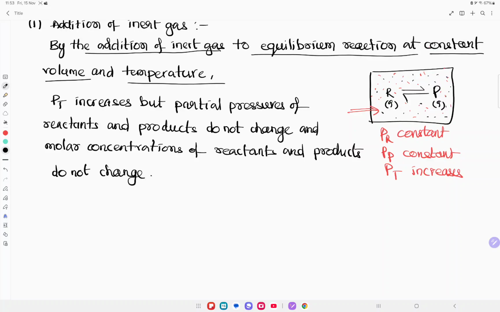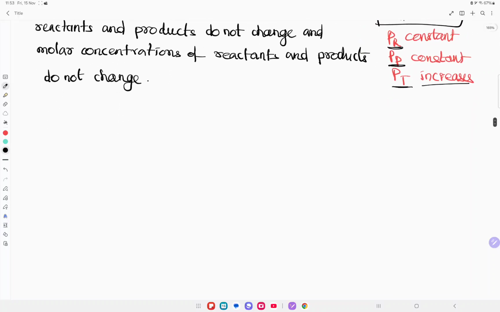So remember, by the addition of inert gas to equilibrium reaction at constant volume and temperature, partial pressures of reactant and product do not change, but total pressure increases, as the number of gaseous particles increases in the vessel and number of collisions increases. Since partial pressures don't change, alpha remains the same.